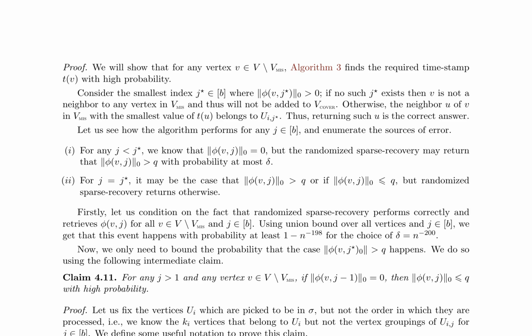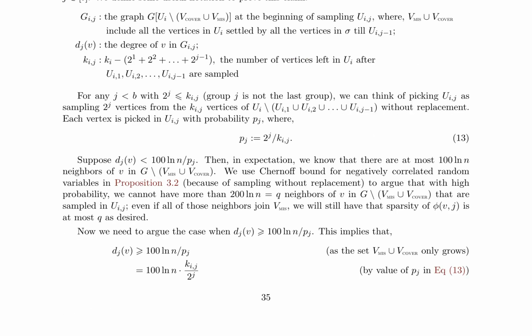The proof conditions on the fact that randomized sparse recovery performs correctly and retrieves phi_v,j for all v in V Ms and j element of b. Using a union bound over all vertices and j element of b, it is shown that this event happens with probability at least 1 - n^-198 for the choice of delta equals n^-200.